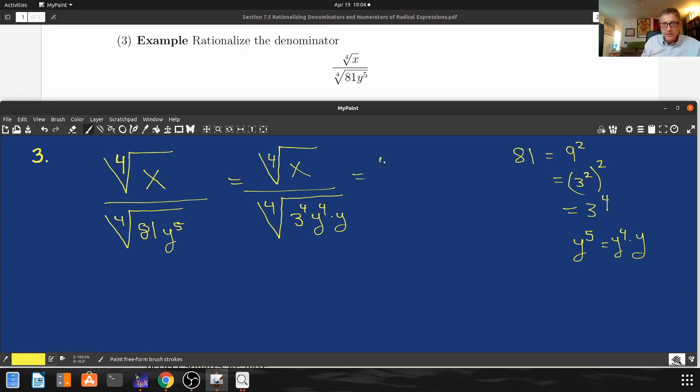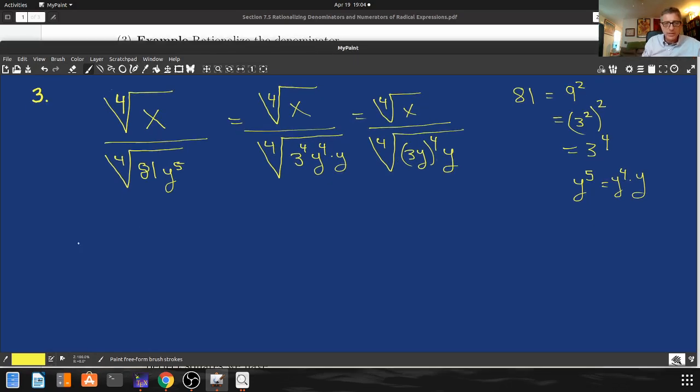So I've got the fourth root of x in the top. And down here, I have the fourth root of 3 times y to the 4th power. That's just using the power of a product rule times y.